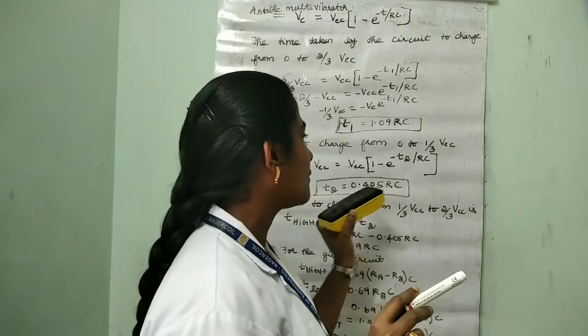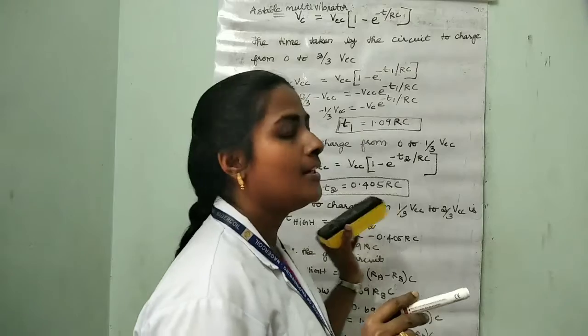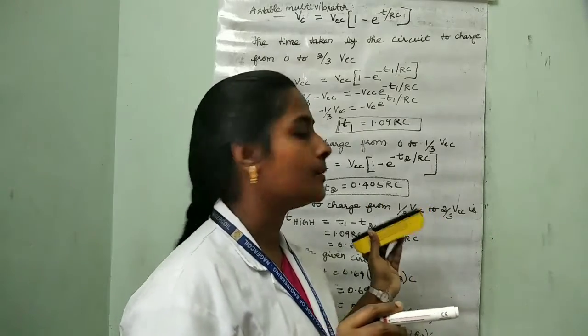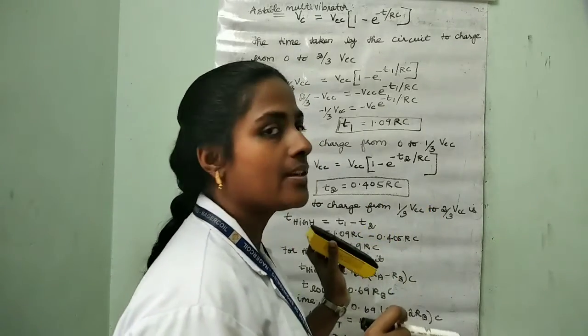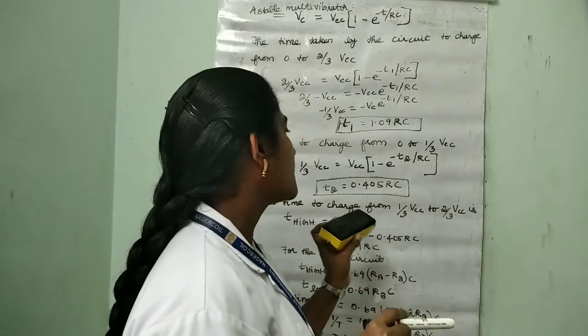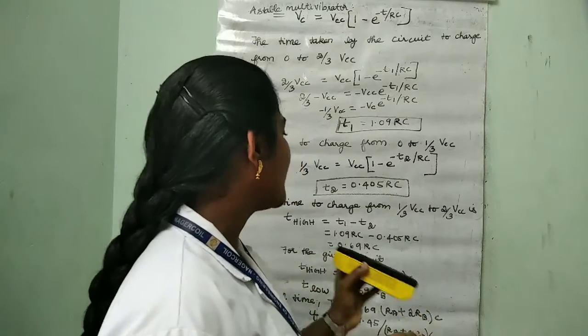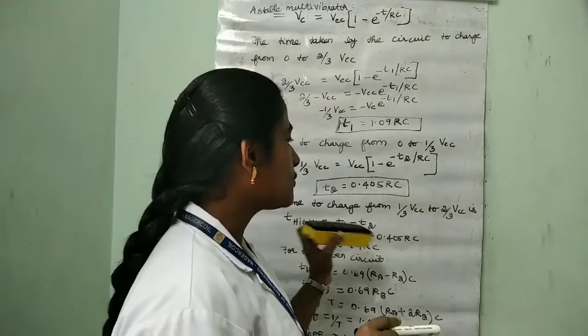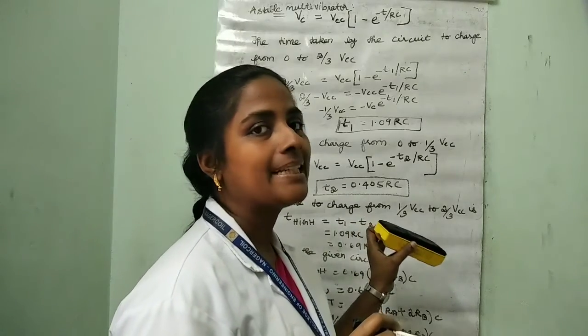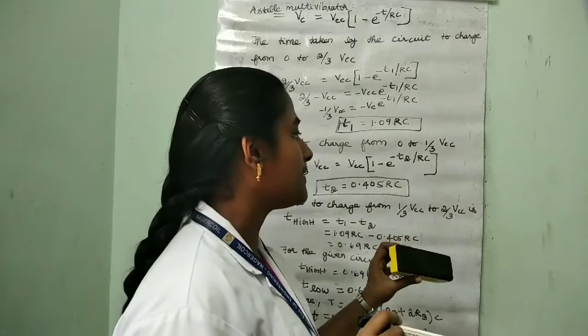Okay, similarly you can find the value of T2 also by taking natural log on both sides. So you will get T2 equal to 0.405 RC.